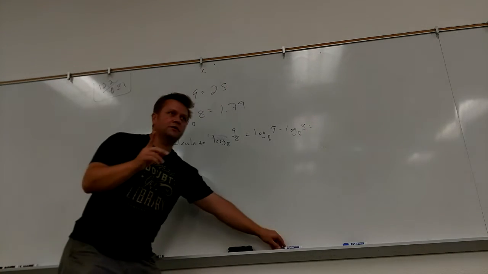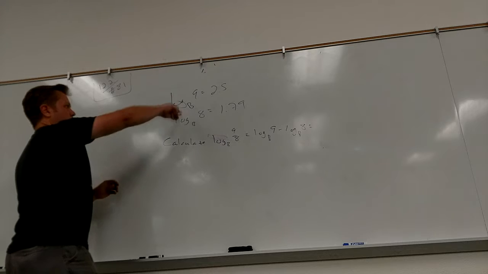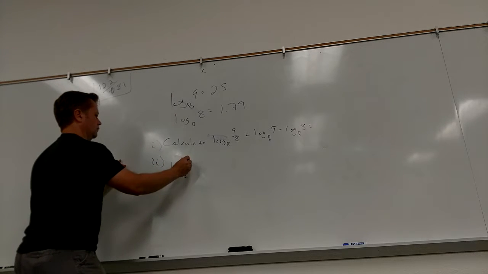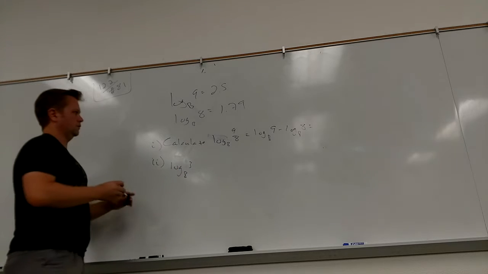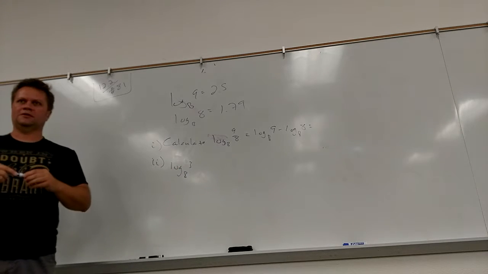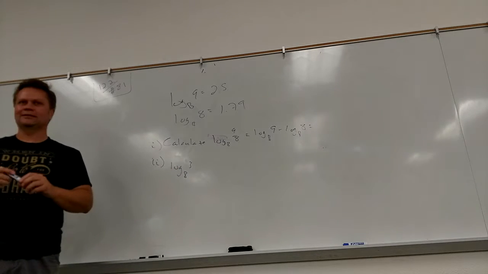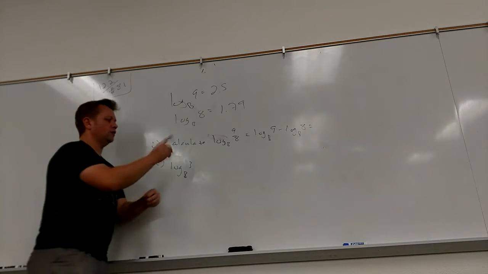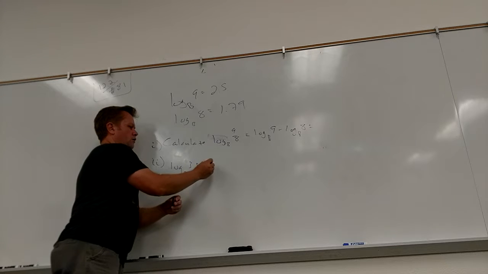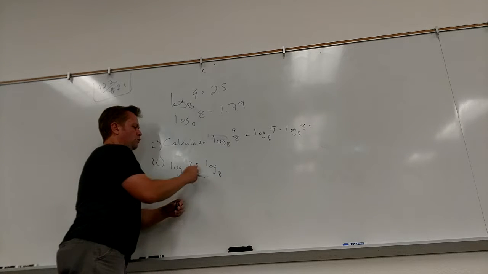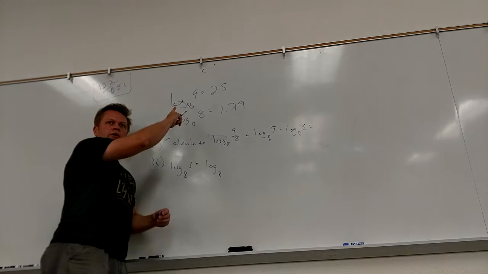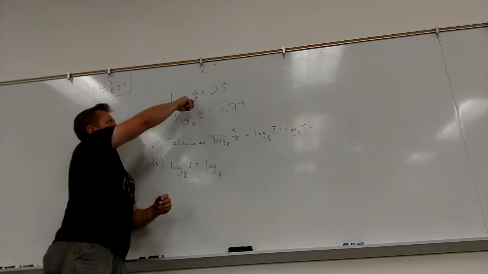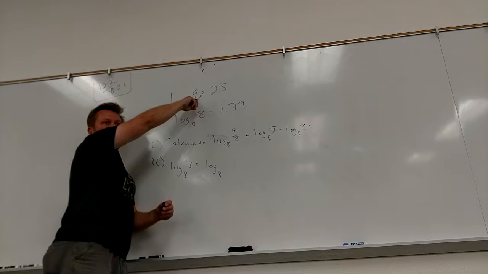Now here's a nifty one. Let me see if you guys get this. Given what I've told you, can somebody tell me what log base B of 3 is? Yes, well, almost. How is 3 related to a number that I know something about? 3 squared is 9, so 3 is the square root of 9.